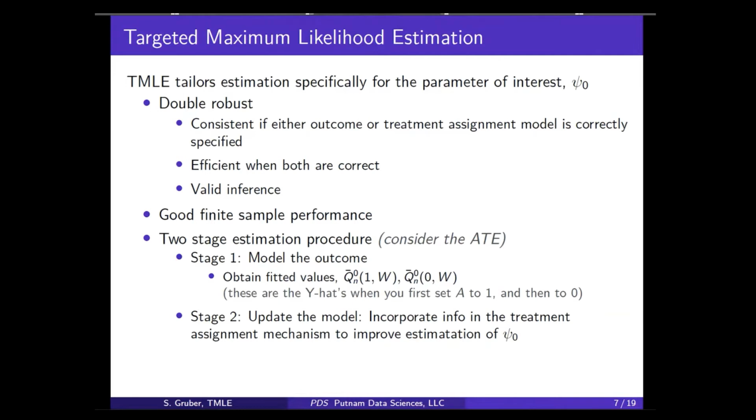Okay, so how does TMLE work? It actually works in two separate stages. So in the first stage, you model the outcome. And instead of using a logistic regression model, we really recommend that you use something that's more data adaptive.